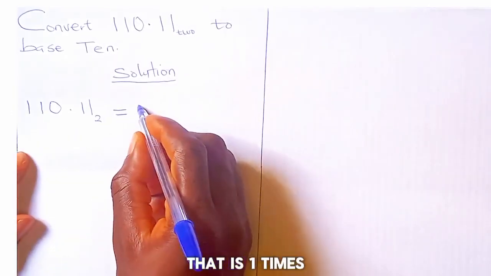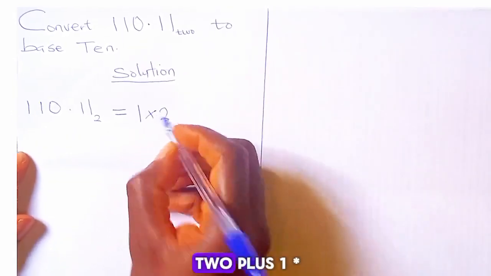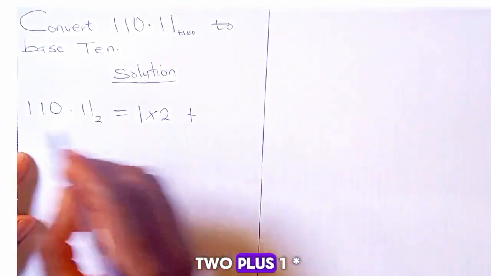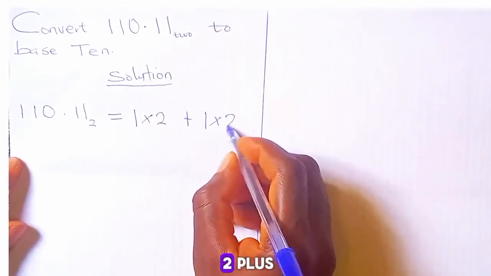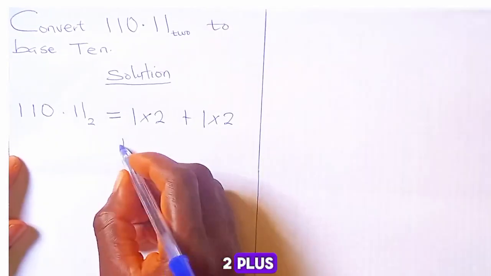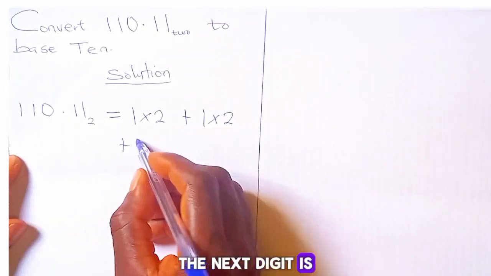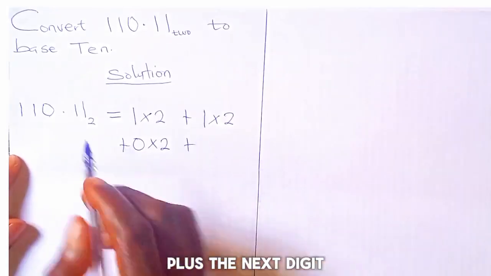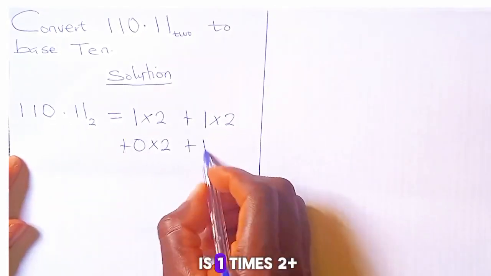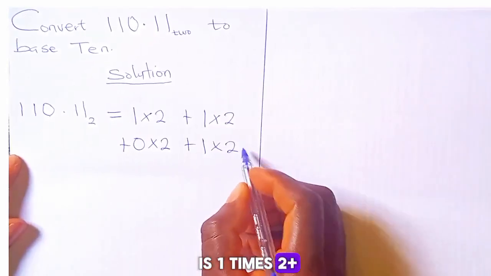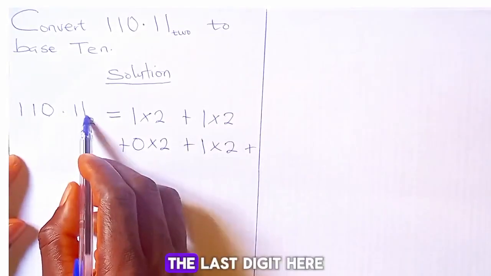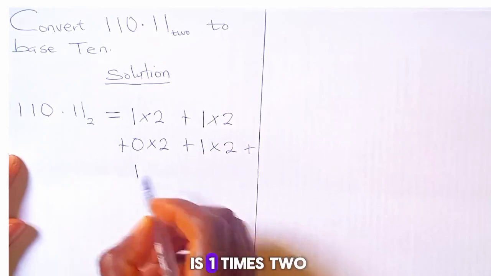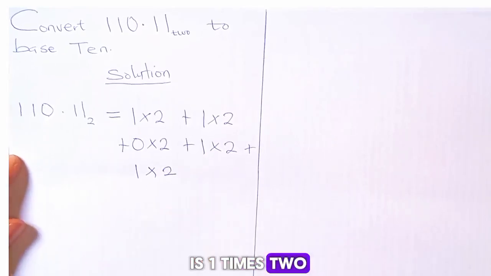That is 1 times 2 plus 1 times 2 plus the next digit is 0 times 2 plus the next digit is 1 times 2 plus the last digit here is 1 times 2.